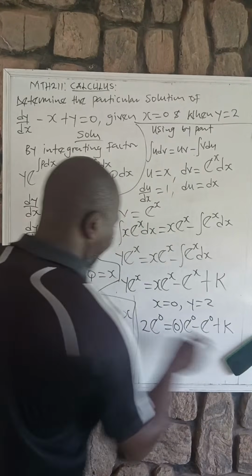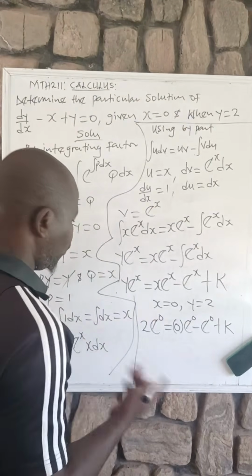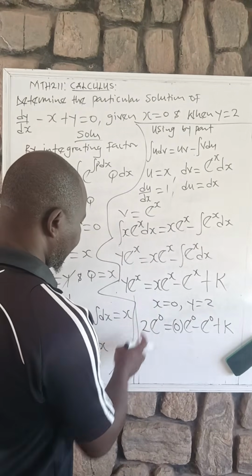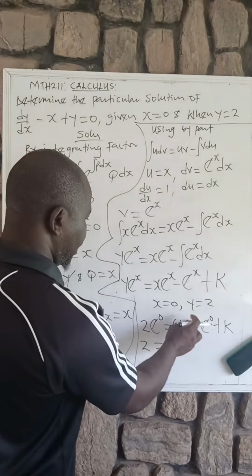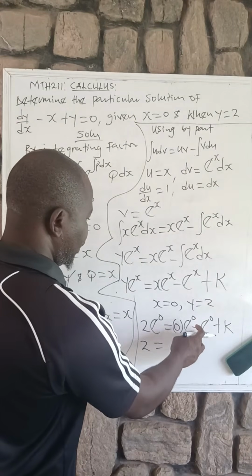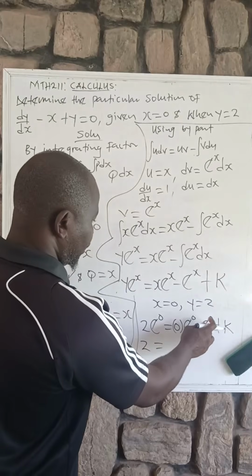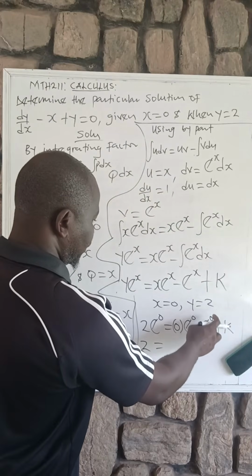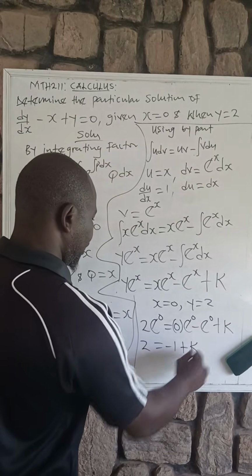True or false? Anything raised to power 0 is what? 1, right? So 1 times 2, 2 equals, this is 0, so 0 times exponential 0 is 0. Then here will be 1, isn't it? Because exponential anything raised to power 0 is 1, so here will be minus 1 plus k.